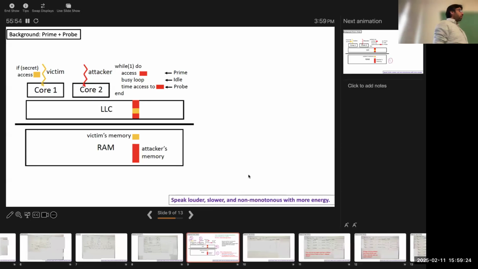Okay, who wants to explain the prime plus probe attack? How is it different from flush plus reload? This was first implemented... But no, basically the flush and reload was based on this one, right? No, flush plus reload is not based on this one. Or an improved version, something like that?